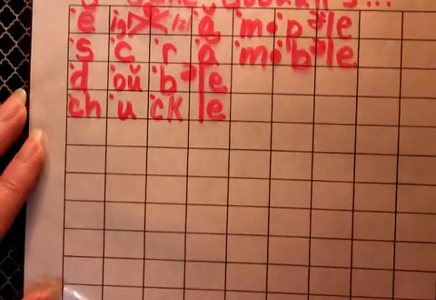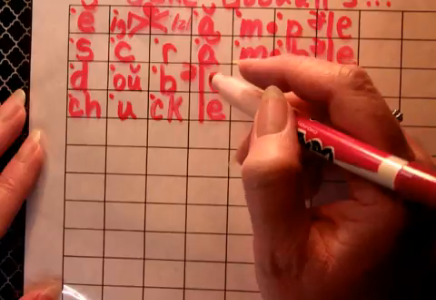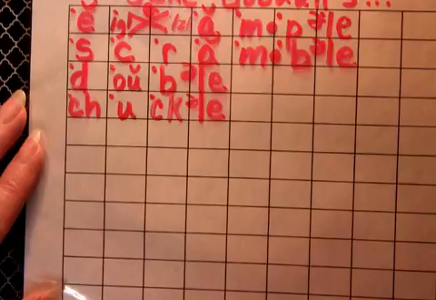So there's my CK. And remember this spins around, lands upside down, that's also a we have a two-syllable word. Chuckle.